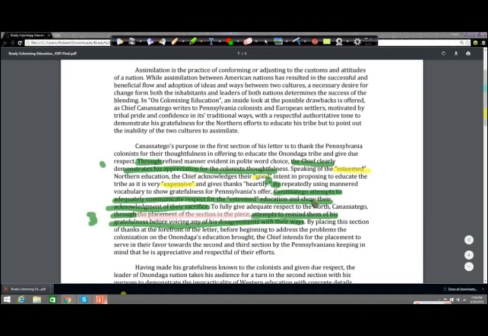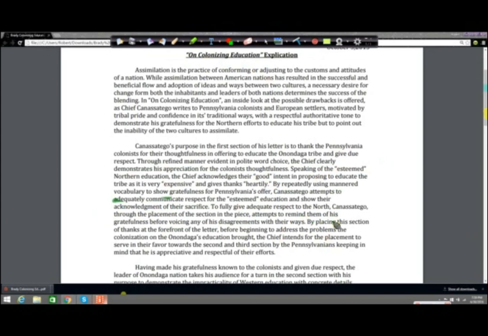Next, I'm going to use a different color because this is turning into mush. Like I said, by and through are really easy to use. So you have by again, and then you have the rhetorical strategy, just paste it in there. This is the rhetorical strategy that Knesetego used.